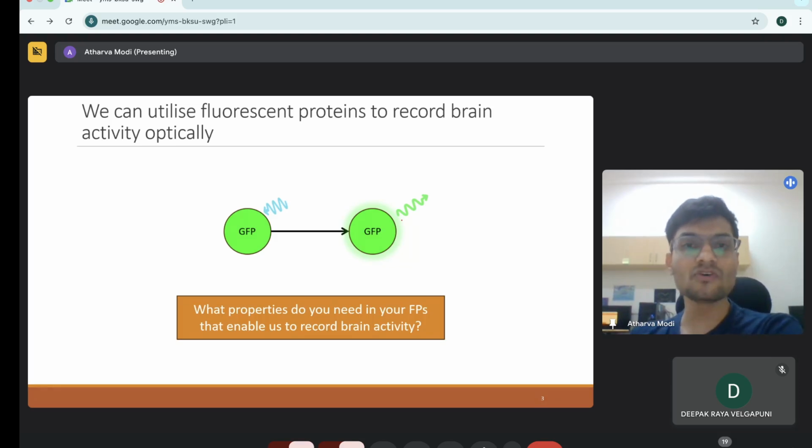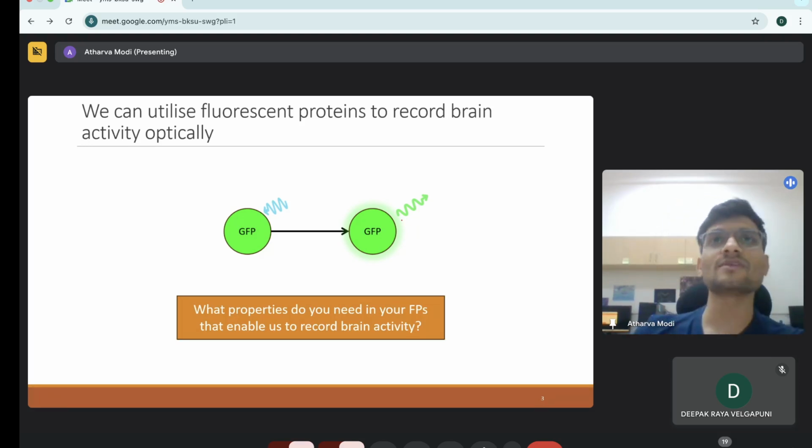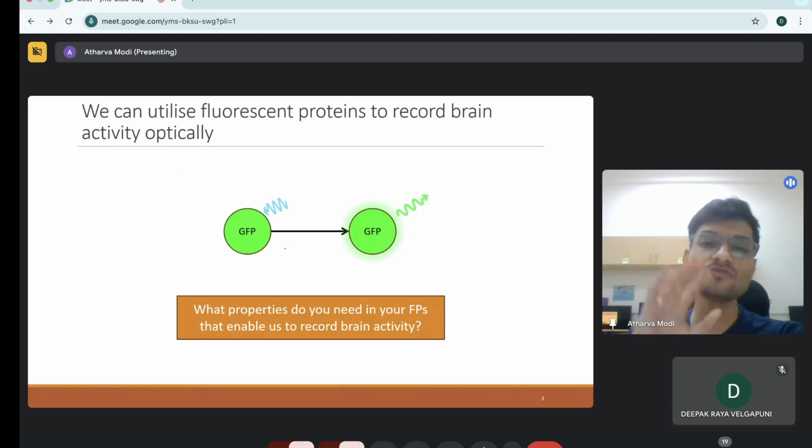So if you want to utilize these fluorescent proteins to measure brain activity, what properties do you need in your proteins so that it enables you to record brain activity? Any answers? What kind of properties can you modify in these kinds of proteins? Basically, what do you want?